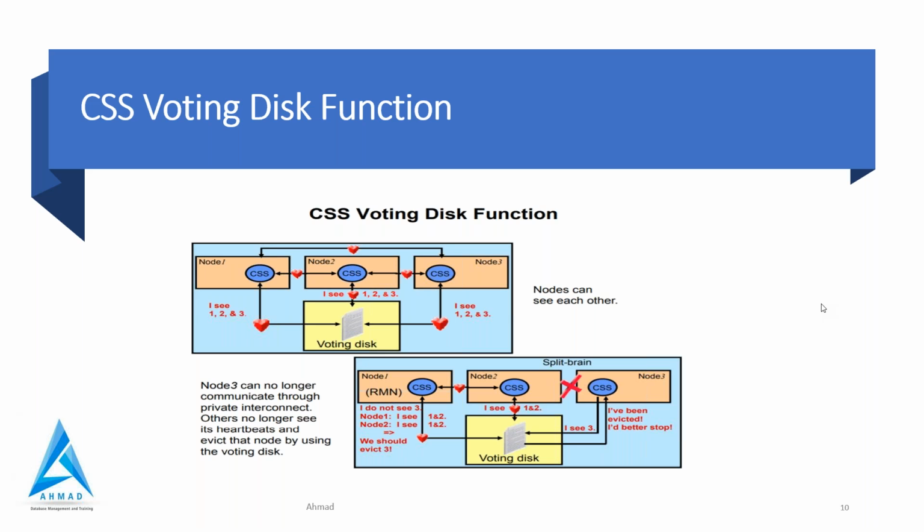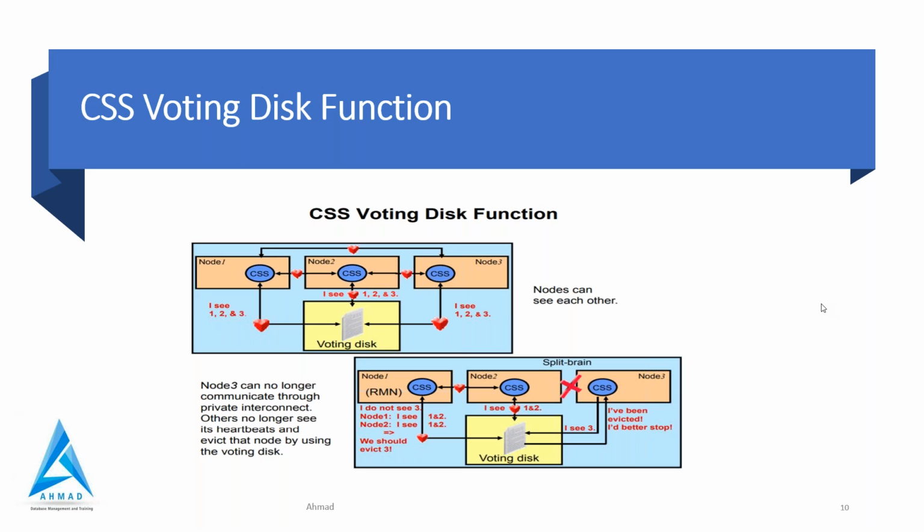Okay, so now come to the second figure. In the second figure, see that node 1 is pinging the voting disk, node 1 is pinging node 2, but node 1 cannot ping node 3, right?